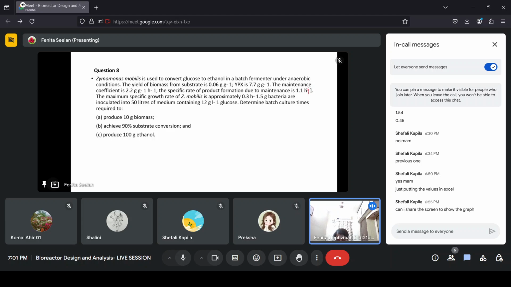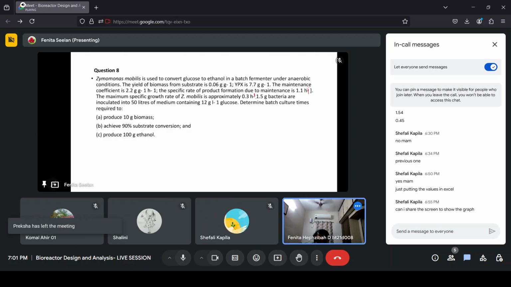The maximum specific growth rate of Zymomonas mobilis is approximately 0.3 per hour, and 1.5 gram of bacteria are inoculated into 50 liters of medium, which contains 12 gram per liter of glucose. Determine the batch culture times.